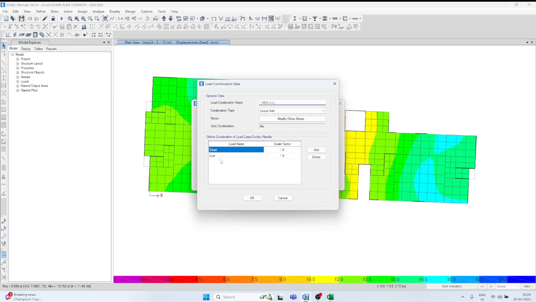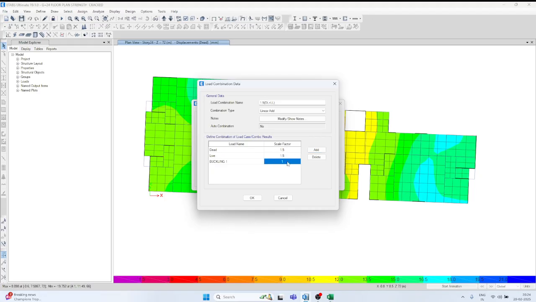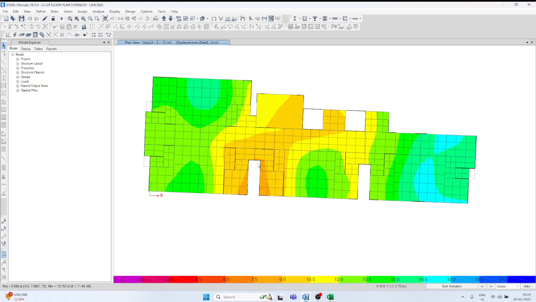Dead load is 1.5, live load is 1.5, so click again and go to buckling, and here create 1.5. Just OK and OK, and now just start the designing process.